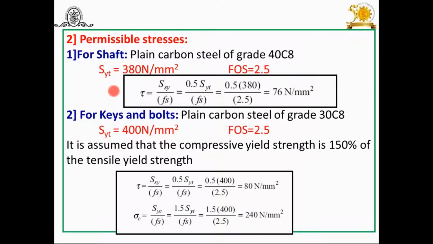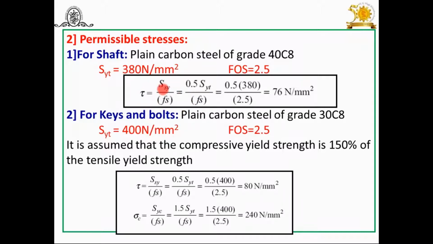The shaft is going to be subjected to torsional shear stress that we have to find out. So we are going to find out tau permissible. We know this very well because we have solved a number of problems in the design of shafts, in the case of keys, and in the design of simple elements also. Here tau is equal to SSY upon FOS.